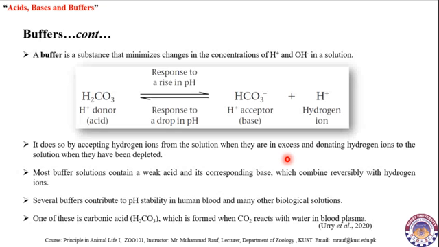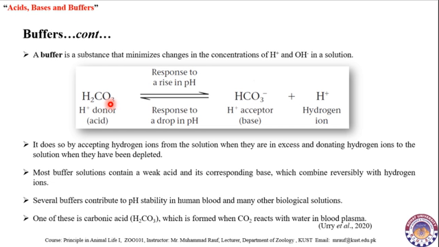Now, suppose an acid is added to the blood. What does acid do? Acid increases the concentration of hydrogen ions. So when acid is added, these extra hydrogen ions will bond with the bicarbonate ions, and the reaction will move in the backward direction, and the effect of the extra hydrogen ions will be neutralized.